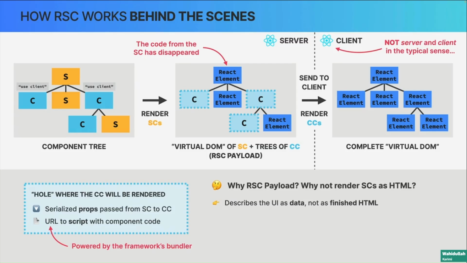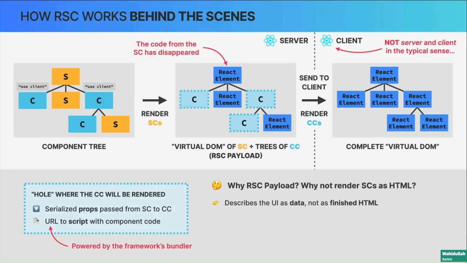That's the whole reason why data structures like the virtual DOM and the fiber tree exist in the first place. Now, in the case of RSC, representing the UI as data even on the server gives React the ability to correctly react to re-renders of server components.